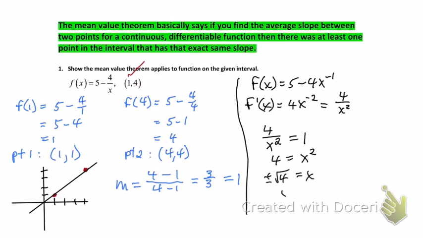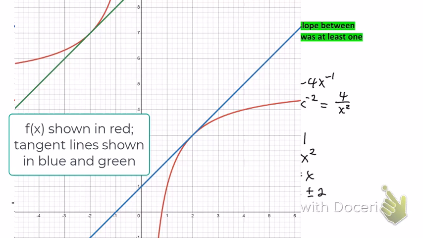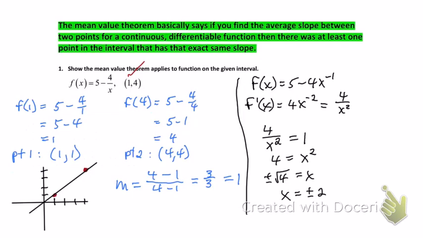And we finally get down to exactly. And if you saw a graph of this, both of those are true. But we're only worried about the interval from 1 to 4. So it's the 2. So when x is 2, I've got what?